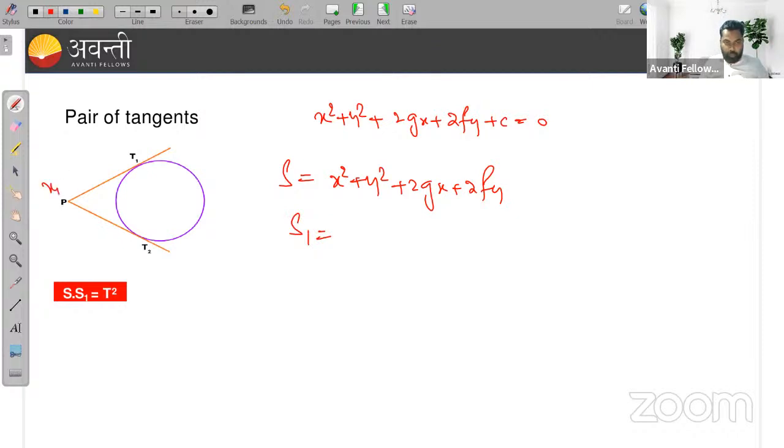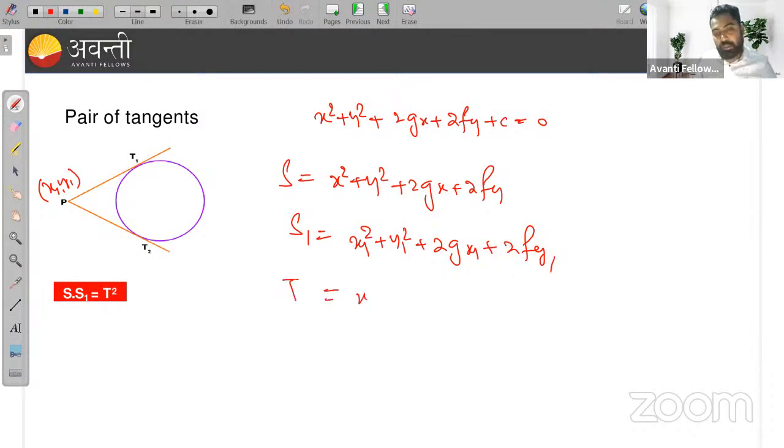If the coordinate of point P is (x1, y1), then S1 becomes x1 square plus y1 square plus 2g into x1 plus 2f into y1 plus c, right? And T, what is T? T is x x1 plus y y1 plus g into (x plus x1) plus f into (y plus y1) plus c.